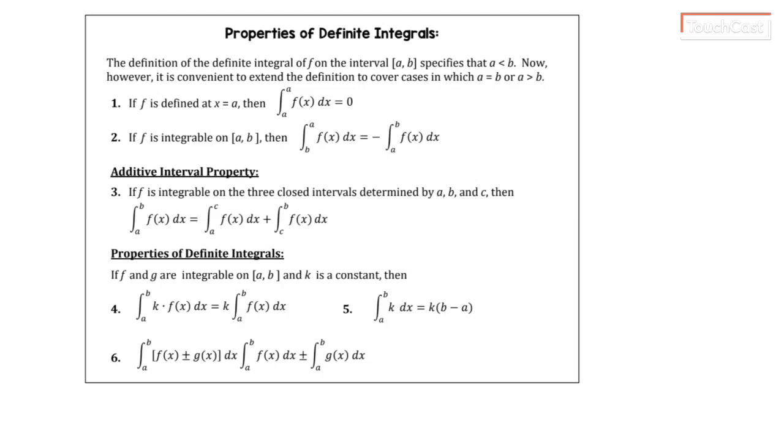And the integral from a to b of f of x plus or minus g of x is equal to the integral from a to b of f of x plus or minus the integral from a to b of g of x.